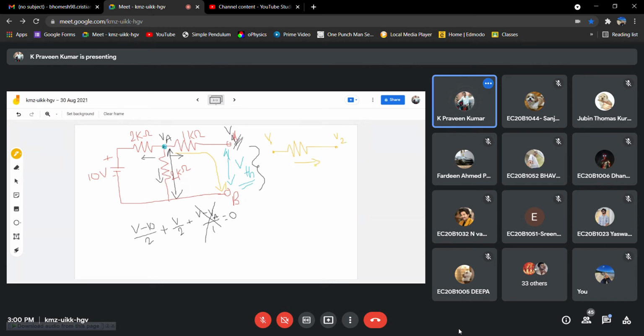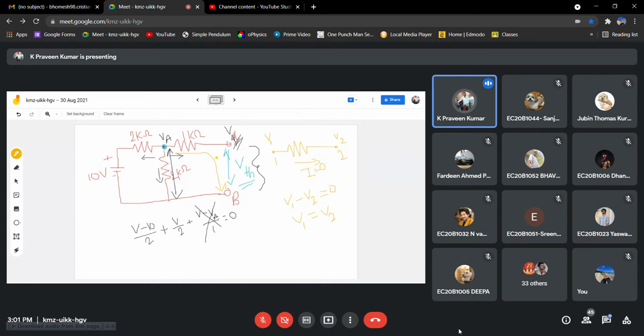If I say the current through this branch is 0, this means that the potential difference across this branch is 0. Or in other words, the potential at V1 and V2, let us say this is terminal 1 and this is terminal 2, the potential at these two terminals are the same.